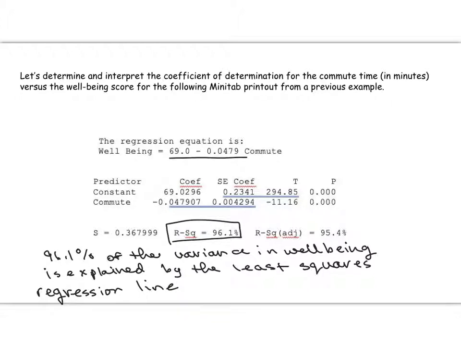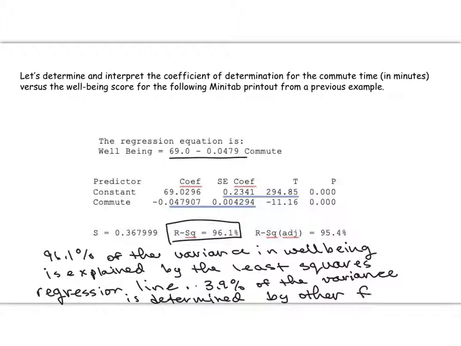And furthermore, 3.9% of the variance, that's what's left out of 100%, is determined by other factors. Ideally, you want all of your variance to be explained by the least squares regression line.